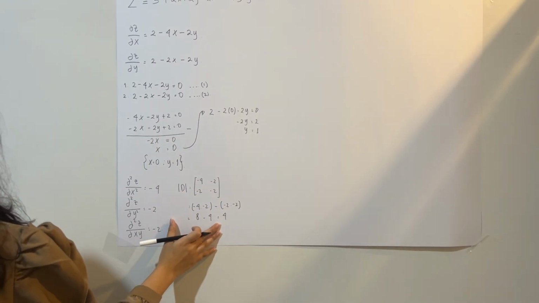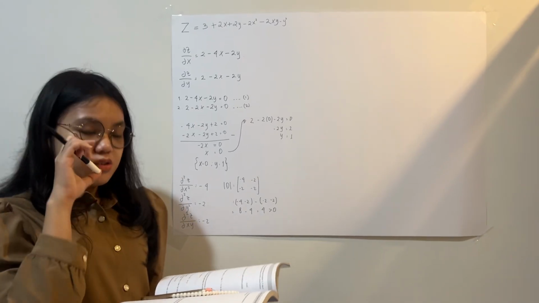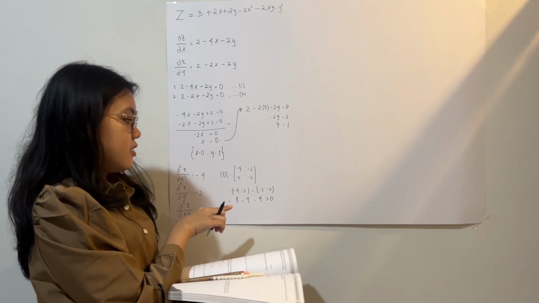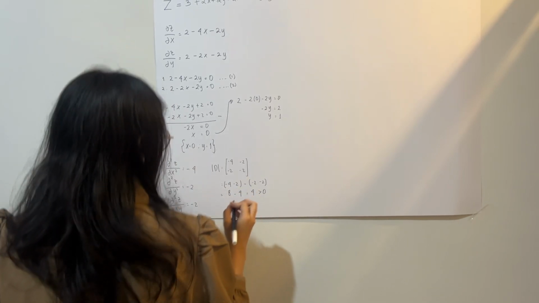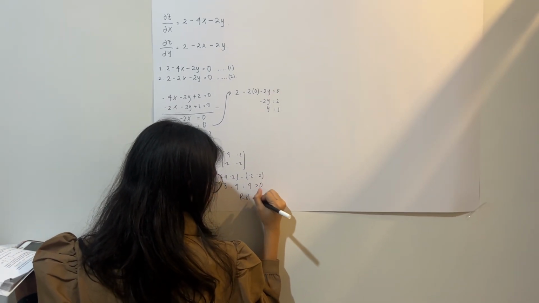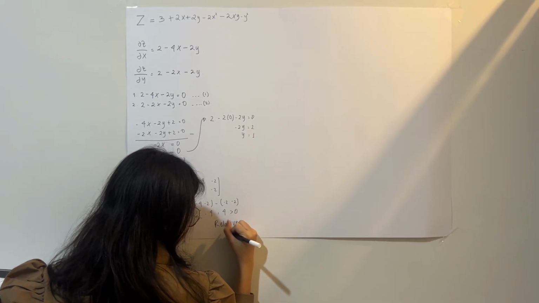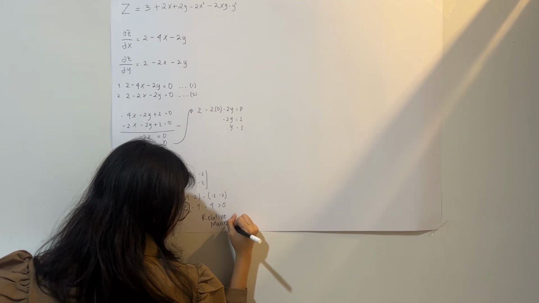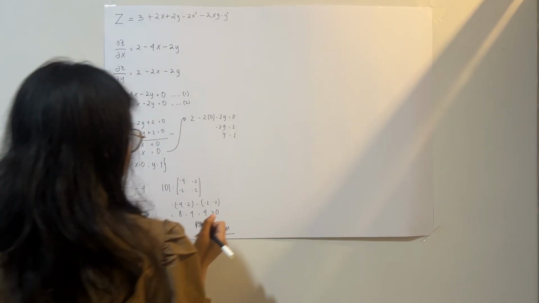We get the determinant of the Hessian is 4, which is greater than 0. And we conclude that the function has a relative maximum. Done.